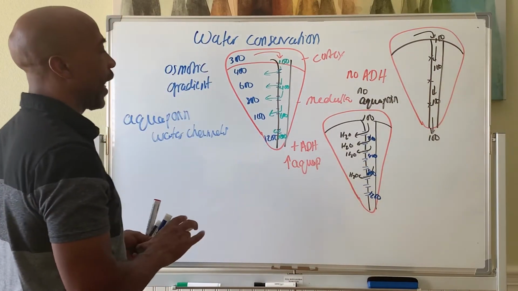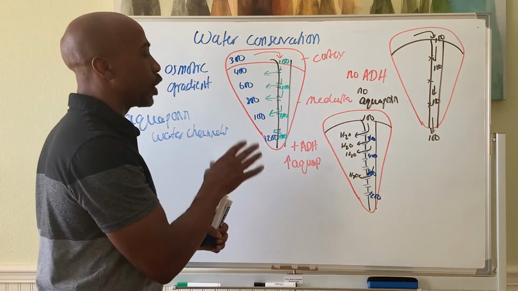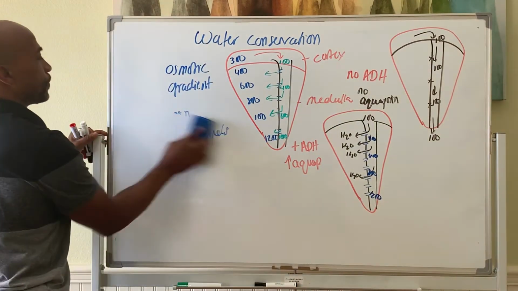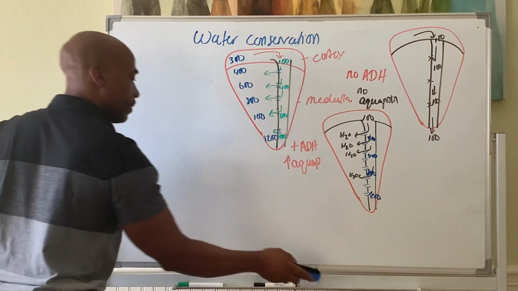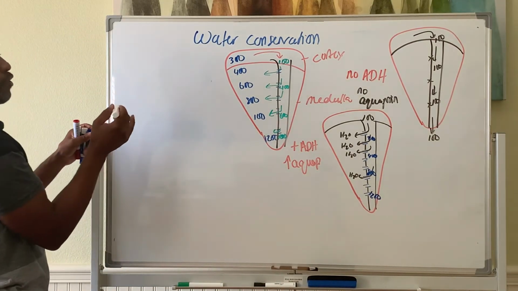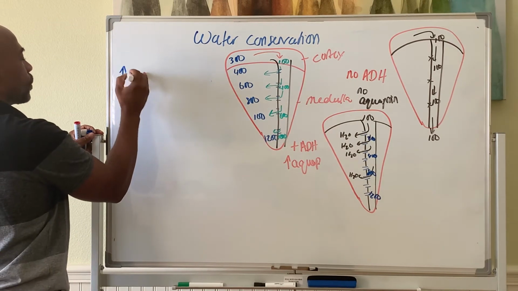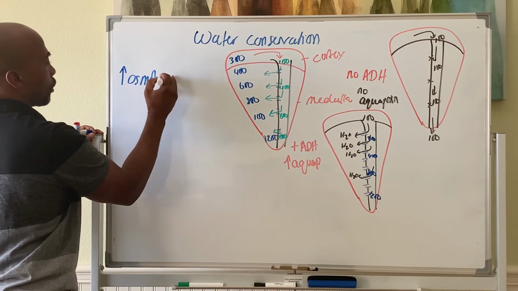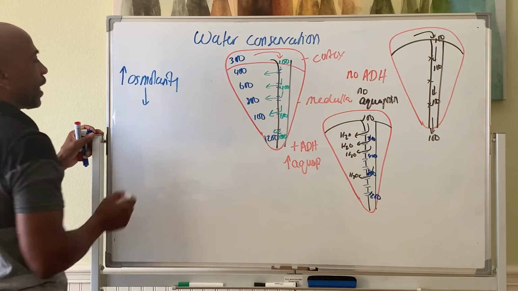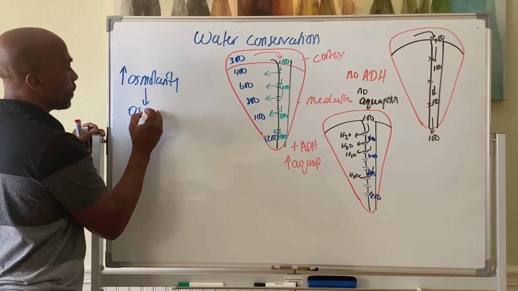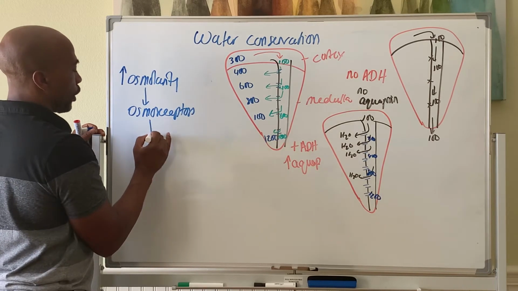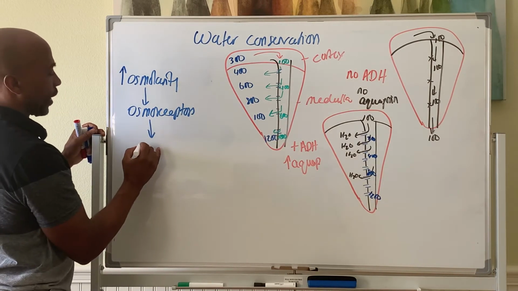Let's look at how ADH is regulated, which will explain how water is controlled. When the osmolarity of the blood goes up, meaning you're thirsty and dehydrated, it will be detected by osmoreceptors in the hypothalamus, which will trigger the release of ADH.